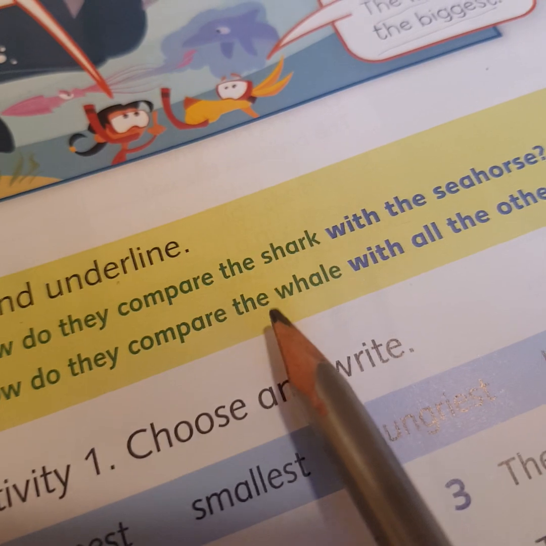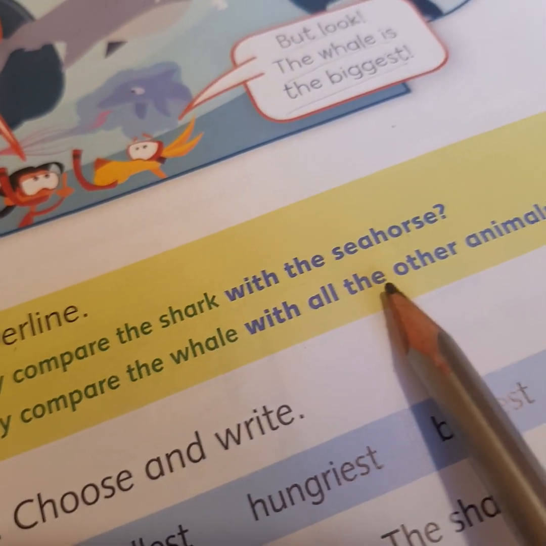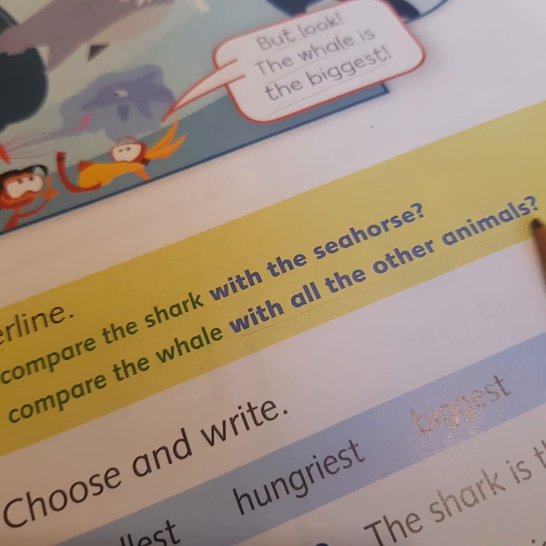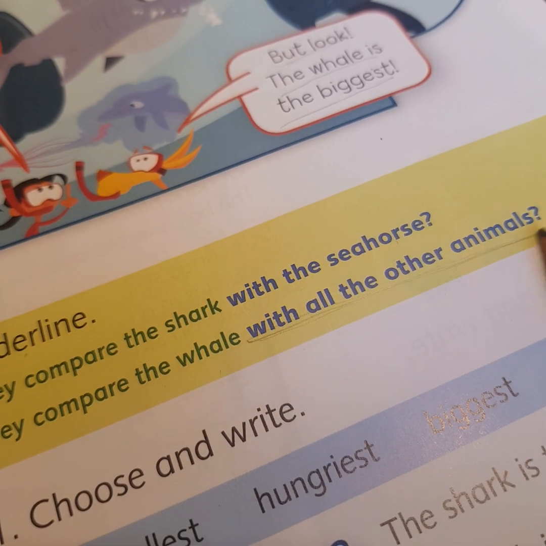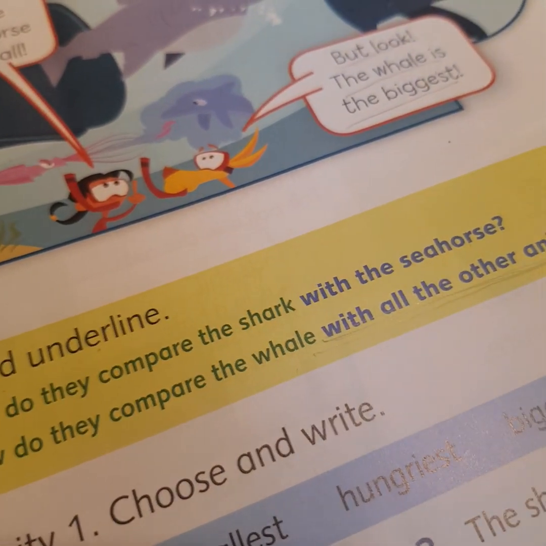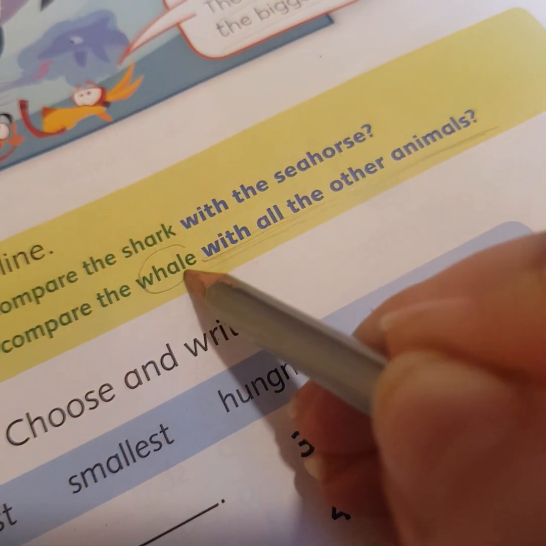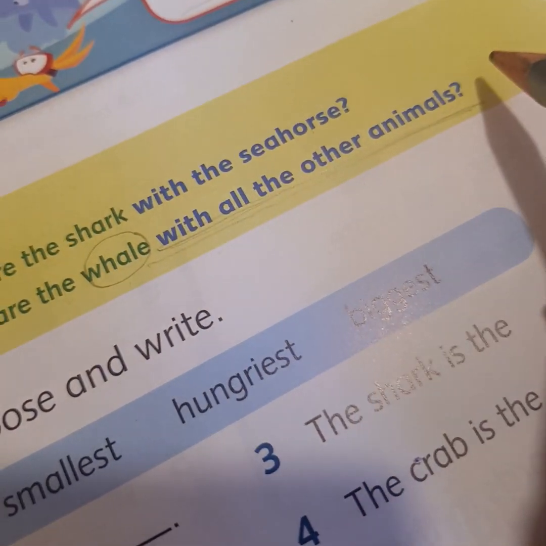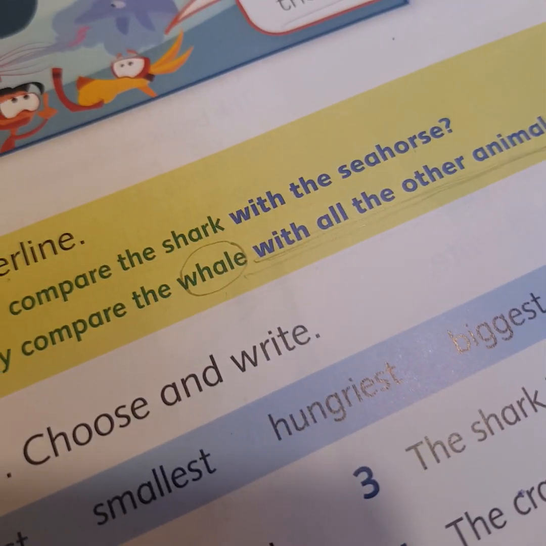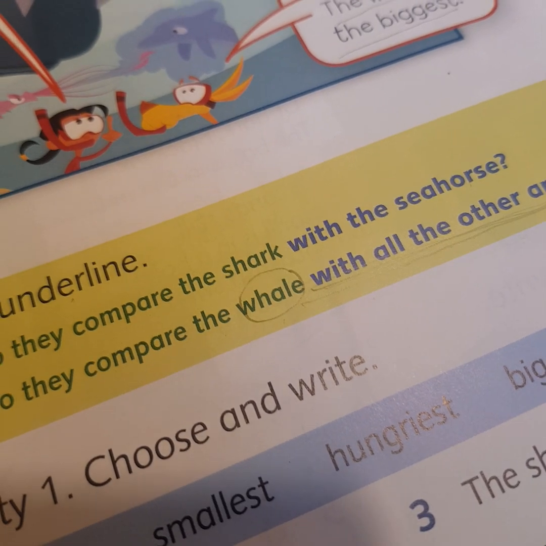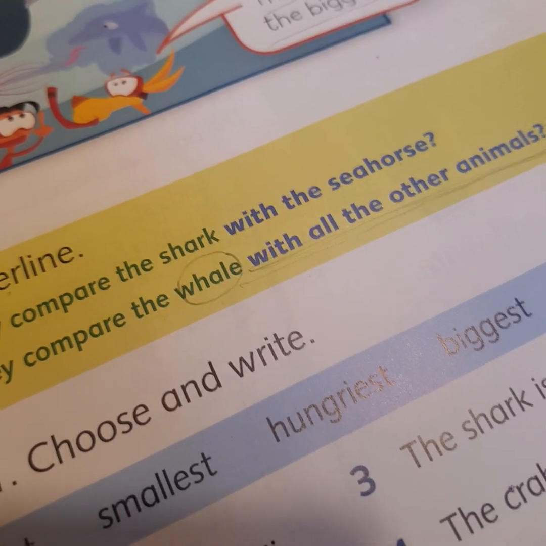How do they compare the whale with all the other animals? All the other animals. So we are comparing the whale with all the other animals. Should we use the comparative form or the superlative form? Think.